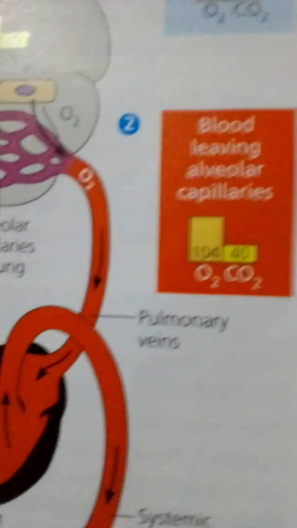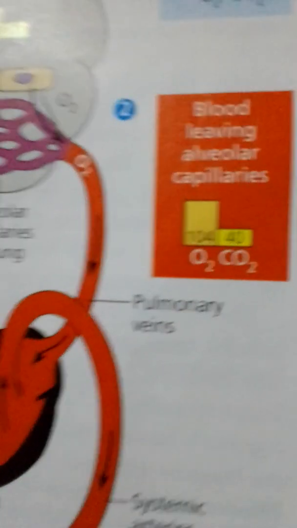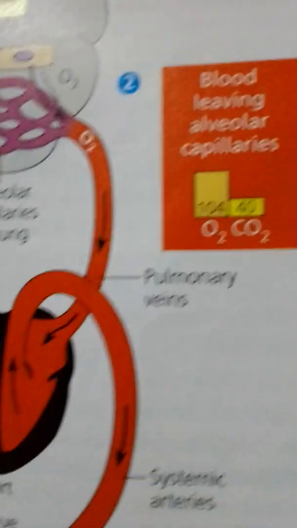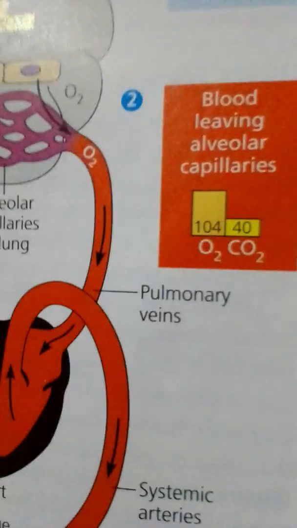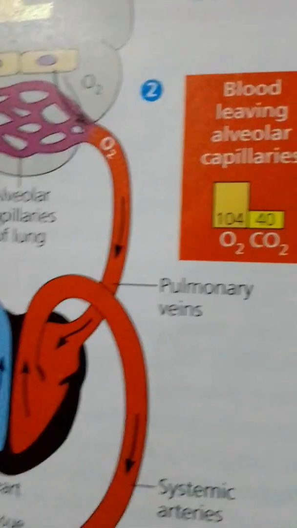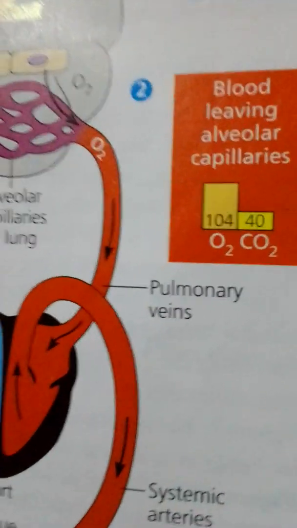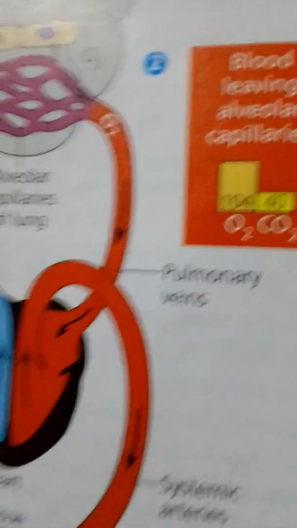At this point, the gas is said to have the same partial pressure in solution as it does in the air. Thus, in a glass of water exposed to air at sea level air pressure, the PO2 is 160 millimeters Hg and the PCO2 is 0.23 millimeters Hg.